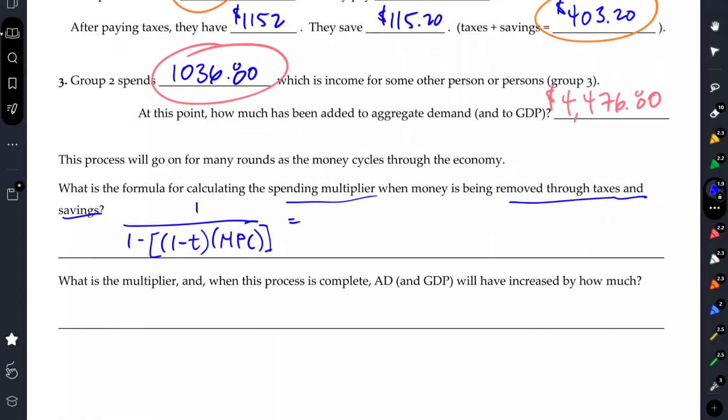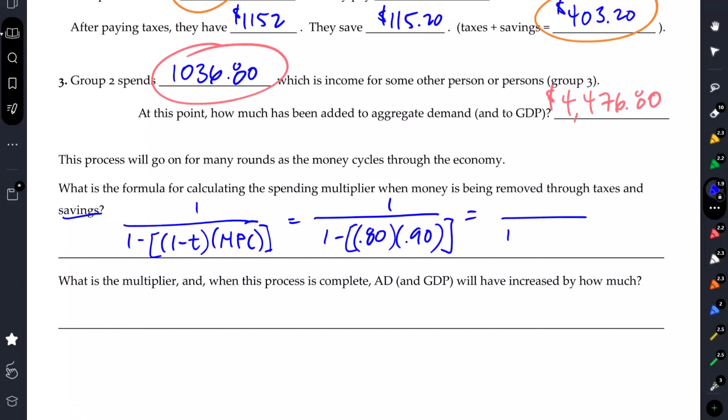Okay, so what do we have here? So 1 minus the tax rate times 0.80 times 0.90 over 1. That is going to be 0.72. So 1 over 0.28.